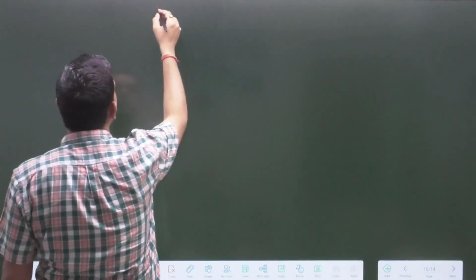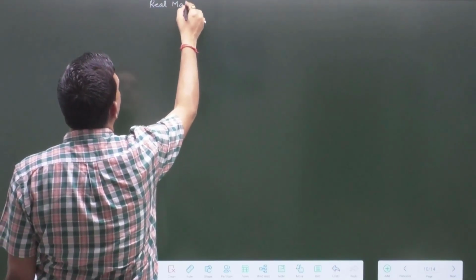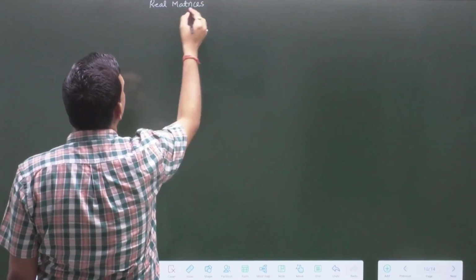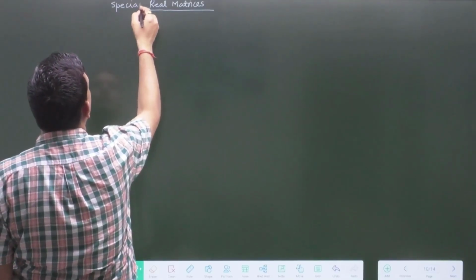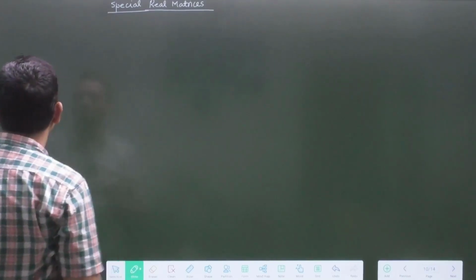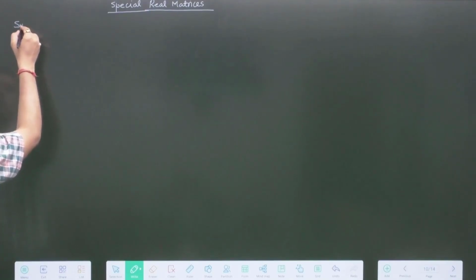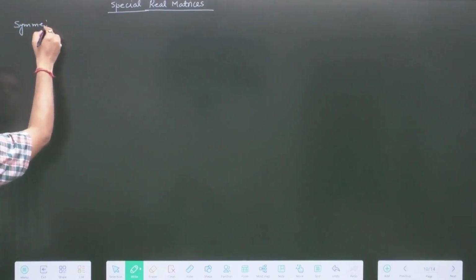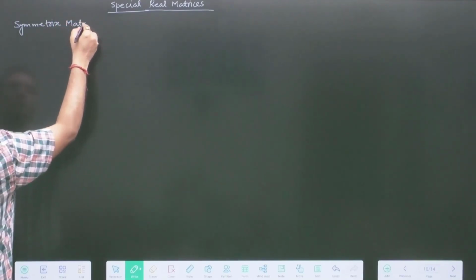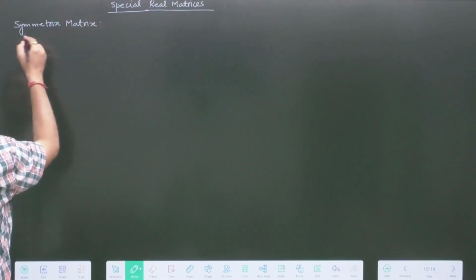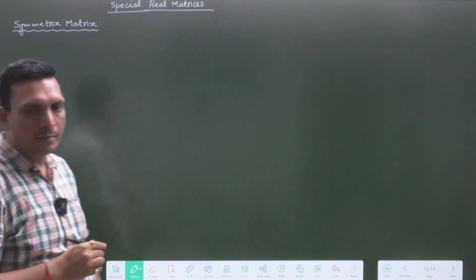Now we will see some special real matrices, and we will talk about the symmetric matrix. What is a symmetric matrix?